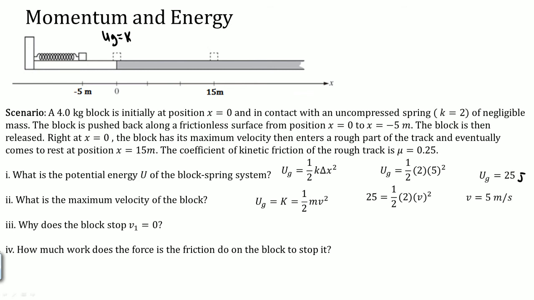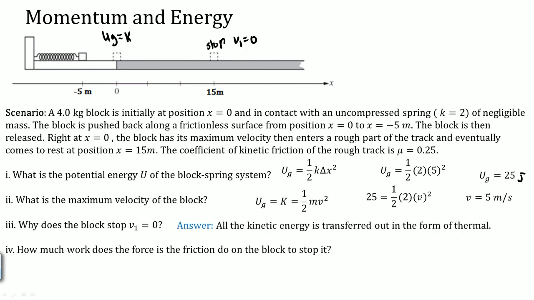Why does the block stop? V equals 0, so why does it stop here when v1 equals 0? It stops because all the kinetic energy is transferred out of the system in the form of thermal energy.